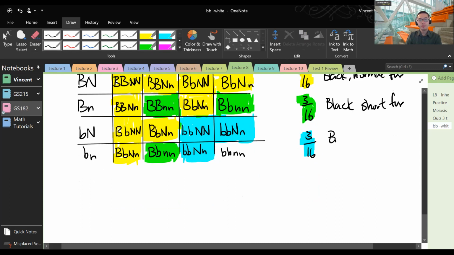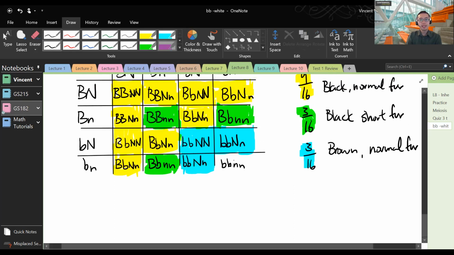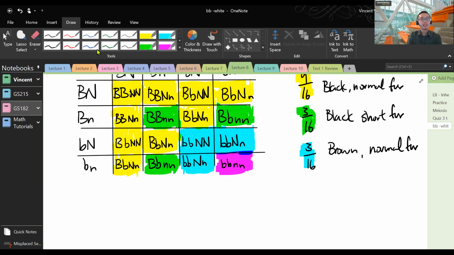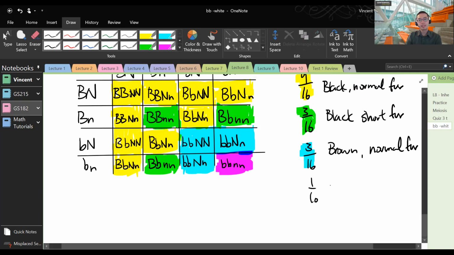Those would be brown and normal length, right? Normal fur. And last but not least, there is a small chance, 1 out of 16, that it is going to be brown and short fur.